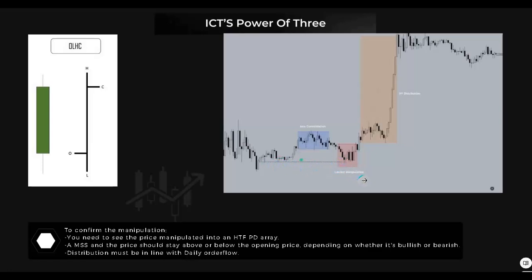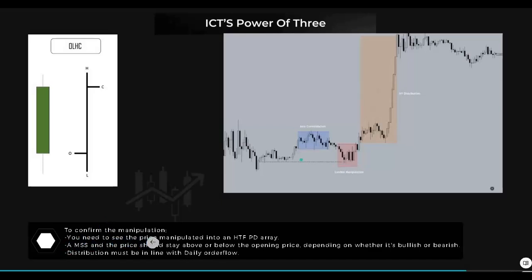Or you could wait for price to break out of this Asian consolidation and then come back down to mitigate a PD array in here before distributing. In this case, we broke market structure right here, and then we have this breaker block, where price mitigated before buying.